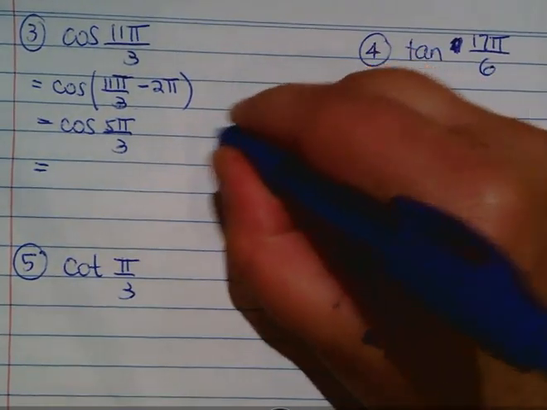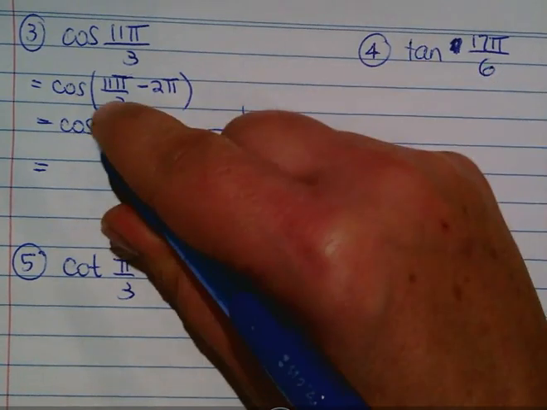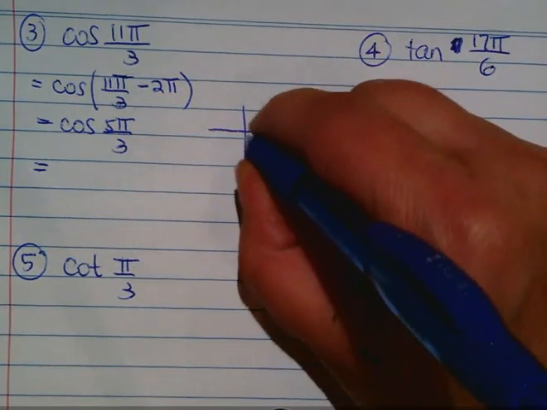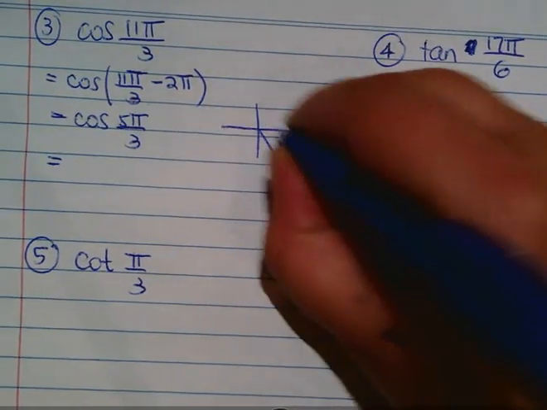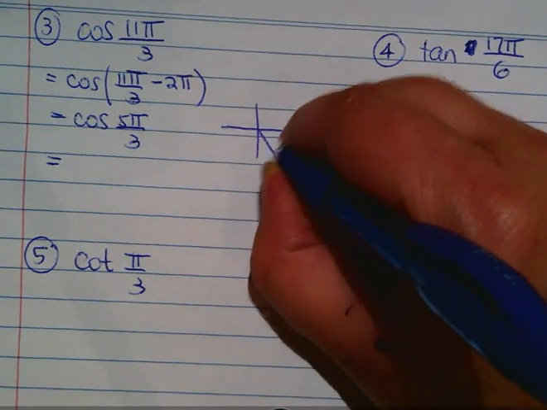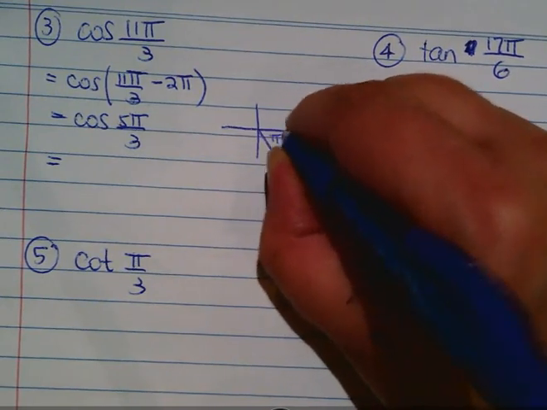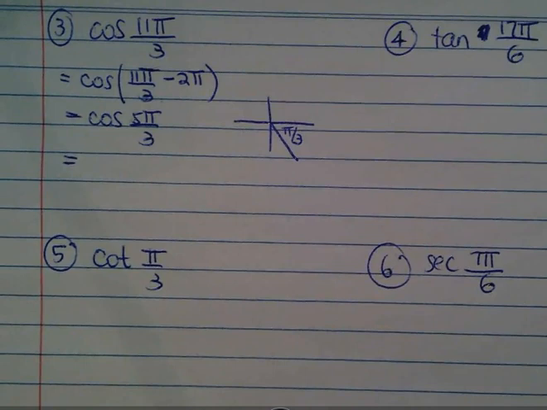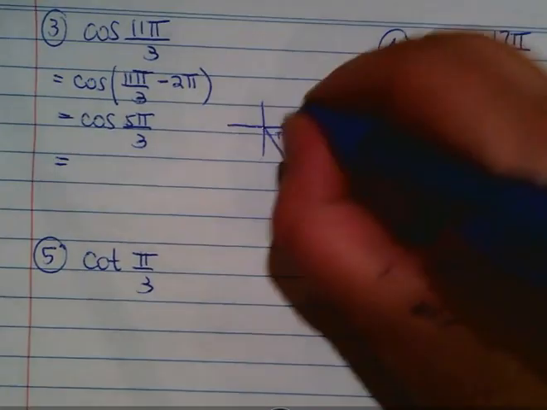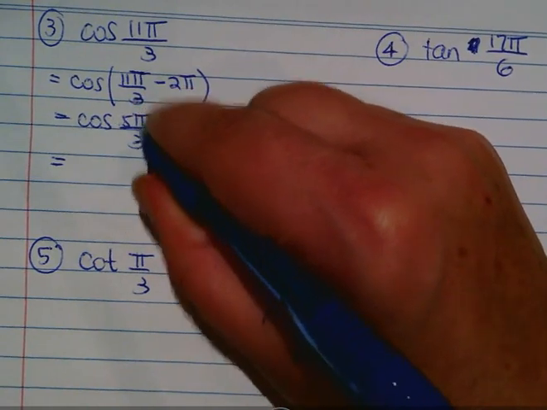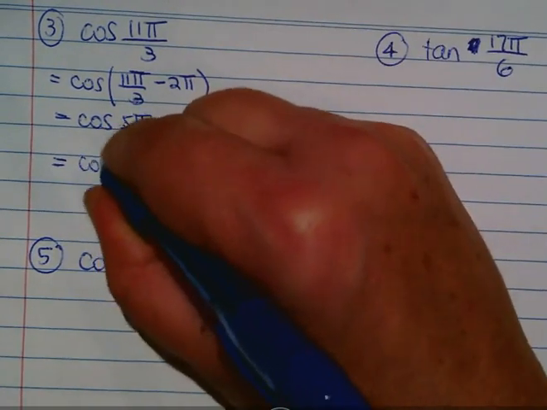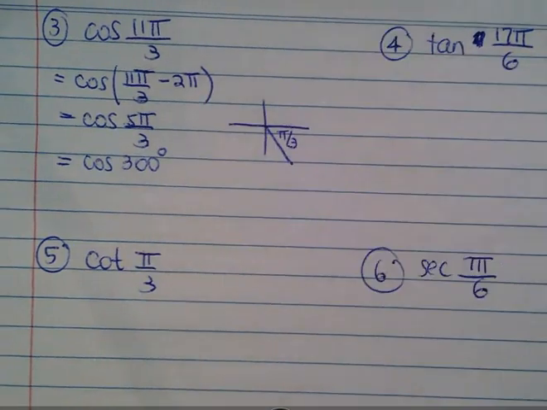Now this is cos, and 5 pi on 3 is, well, you can think of it as 5 lots of 60, because pi on 3 is 60, but it's in quadrant 4, and it's really 2 pi minus pi on 3, so there's pi on 3 left here. Okay? So cos of 5 pi on 3, you can think of it as 5 times 60, which is the same, really. You can think of it as cos 300 if you want.